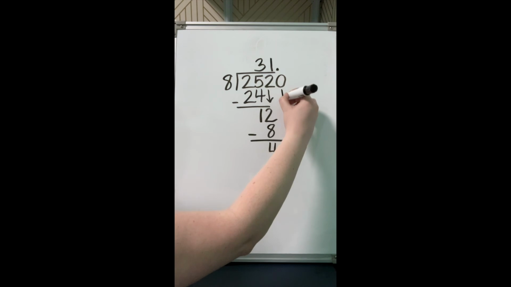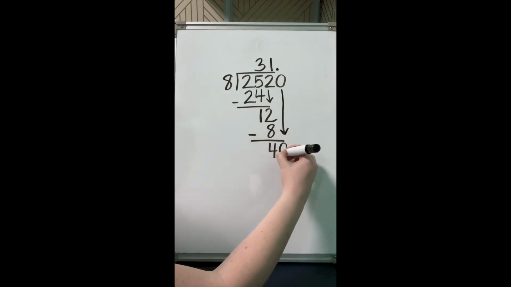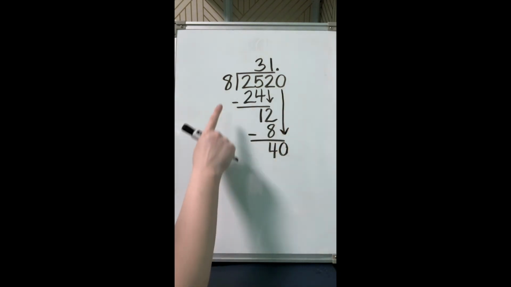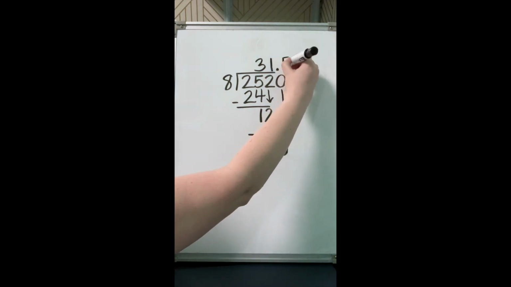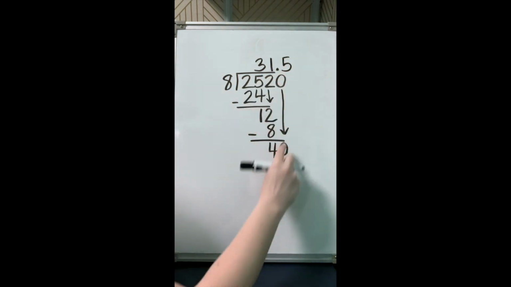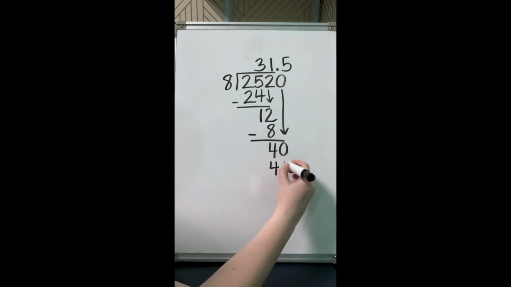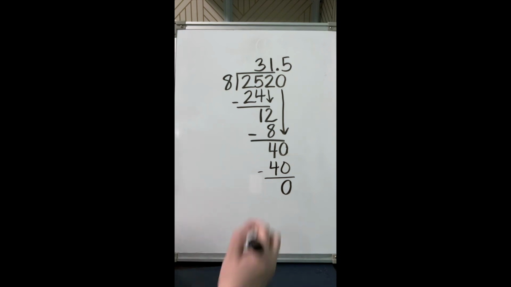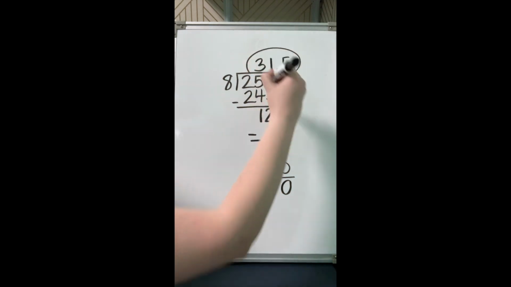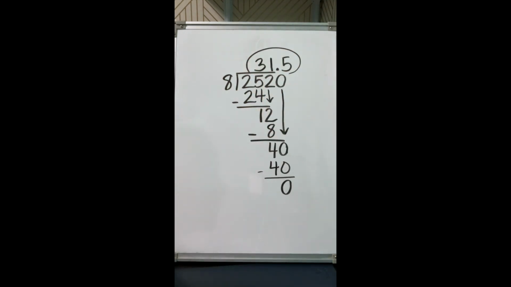Now I can bring down another 0 and turn this into 40. How many times can 8 fit into 40? 8 can go into 40 5 times. 8 times 5 is 40. We subtract and we have 0. So now our problem is finished and our answer is 31.5.